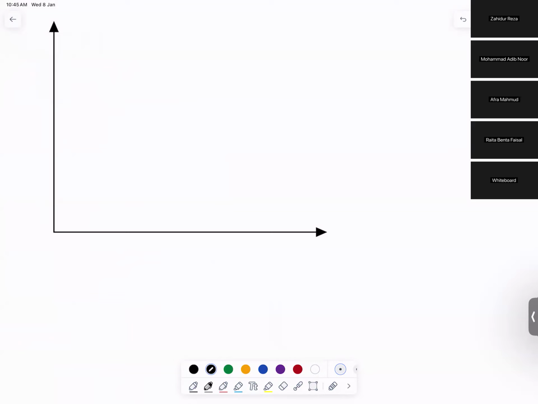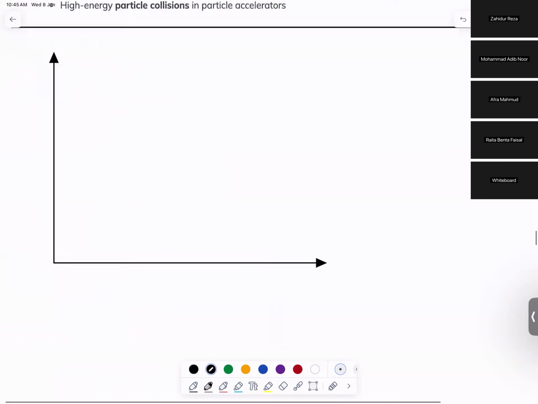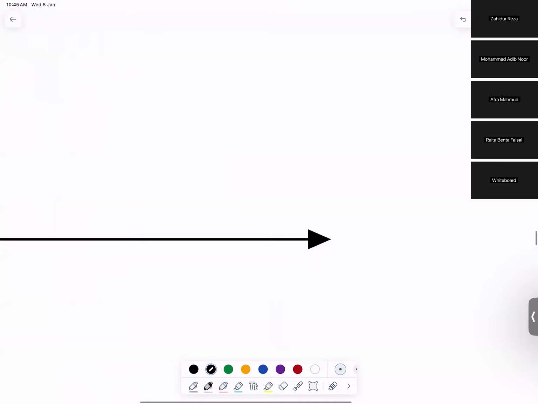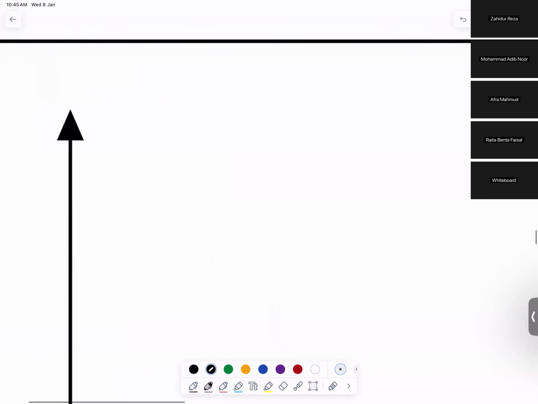So we found that if I plot a graph of proton number, the different elements out there, versus binding energy, this is the binding energy.